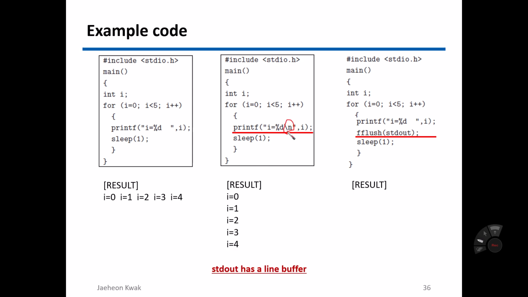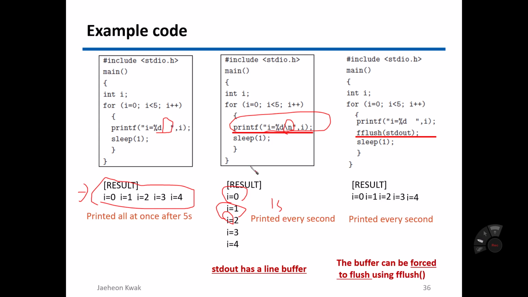Because we encounter this new line every 1 second, we can see the result every 1 second. However, we don't have a new line character here. So after 5 seconds, we can see the printed result. So our result will be printed at once after 5 seconds.